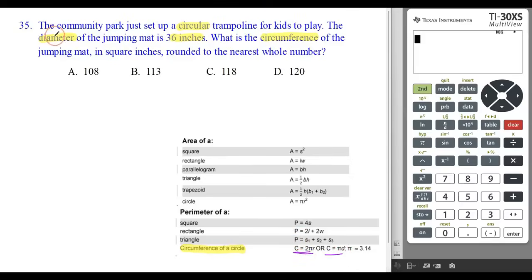And since they give us the diameter, I'll use the formula that has diameter in it, which is this one right here. If they gave us the radius, I would use this one here. So I'm going to use this one here, which says circumference equals pi d.